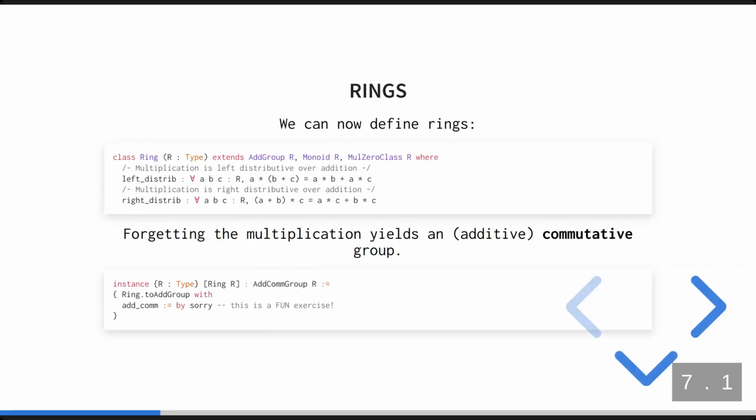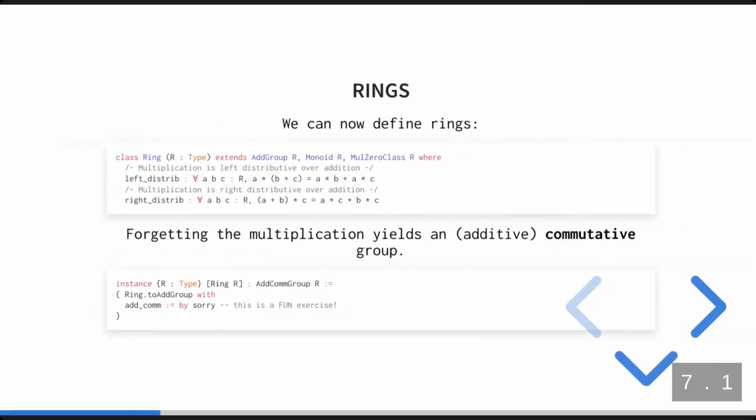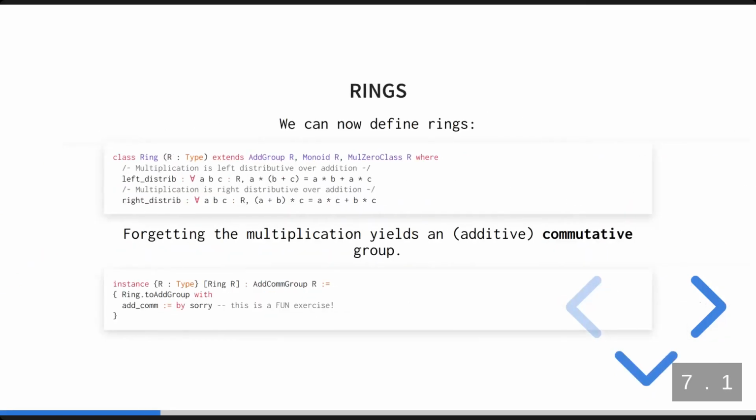Okay, so in the example below, where it says something like ring to additive group, is this automatically constructed? So when we have some inheritance. Yes, this toAddGroup is given to you by Lean automatically.